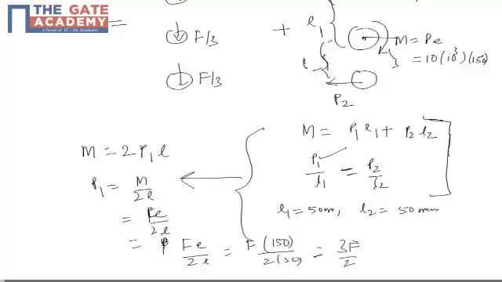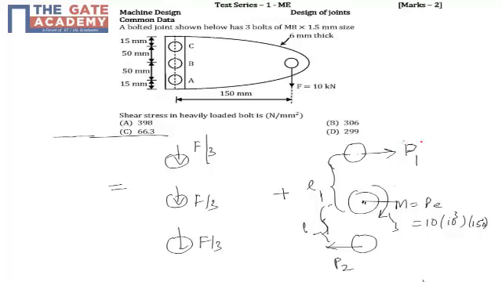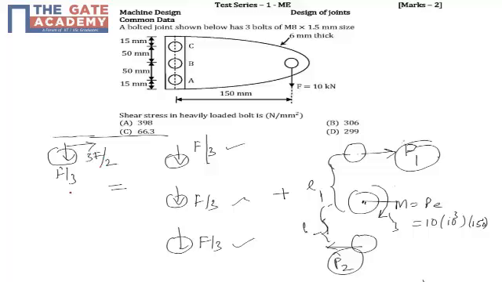Now let's come back to the figure. The secondary loads P1 and P2 are the same, and the primary F by 3 is the same. So you can see that the net load on the top bolt is F by 3 due to primary shear load, and you have 3F by 2 acting rightwards due to the secondary shear load.